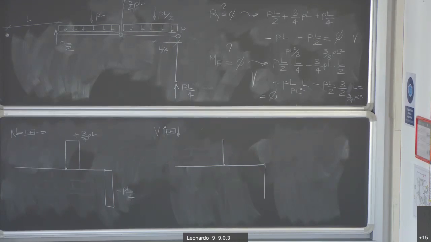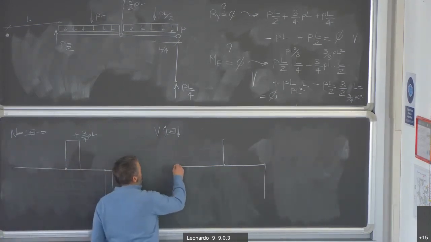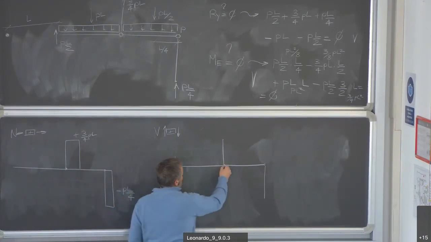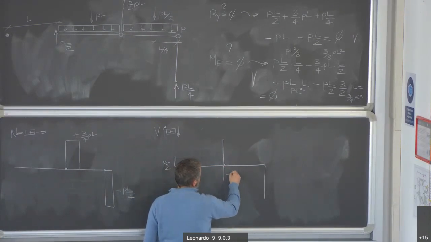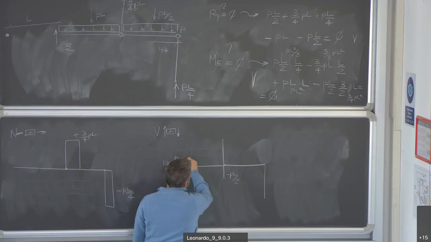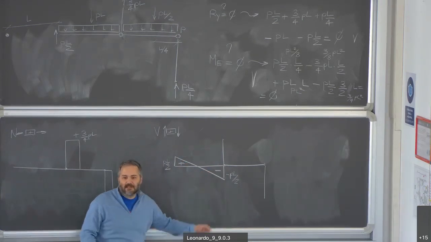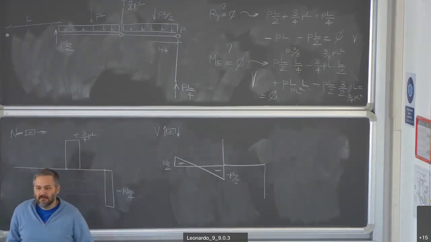How will it vary in the middle? Straight line. When you have a distributed load, the shear force diagram is a straight line. So from PL divided by 2 positive to minus PL/2 to the right, in between it's a straight line. This is a positive portion, this is a negative portion. It cannot be in other ways, okay?